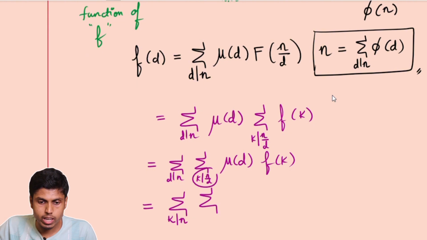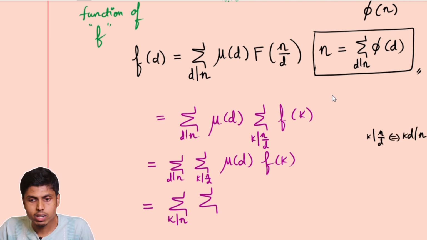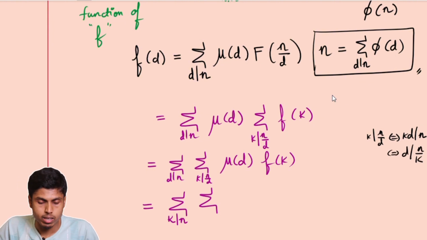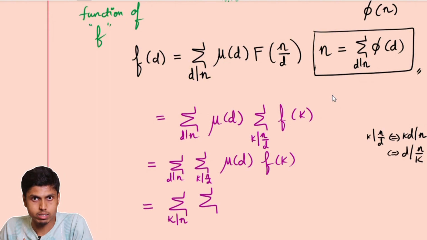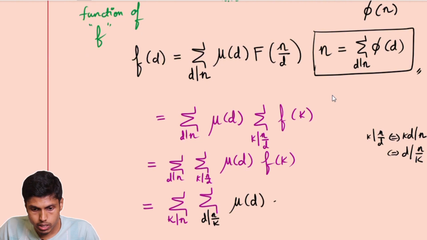Well, the constraint on k and d together is provided to us: k divides n by d, or in fact this is equivalent to kd divides n. So I can now say that d divides n by k for a fixed k. That's how d runs based on the value of k. So I fix the value of k and run d. You have mu of d times f of k.